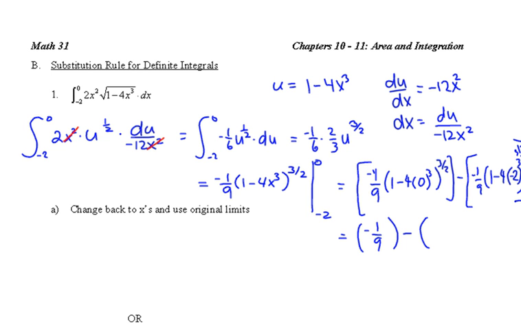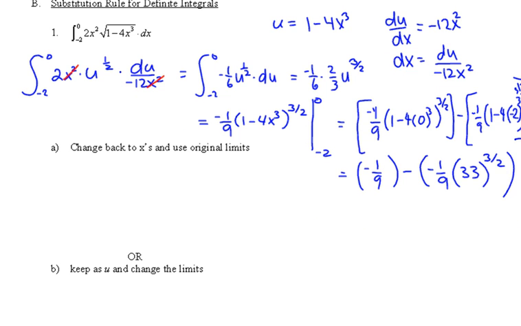Negative 8 times 4 is negative 32, so 1 plus 32 is 33. And then you have 33 to the power of 3 over 2. It's so ugly. So it's negative 1 ninth times 33 to the power of 3 over 2.